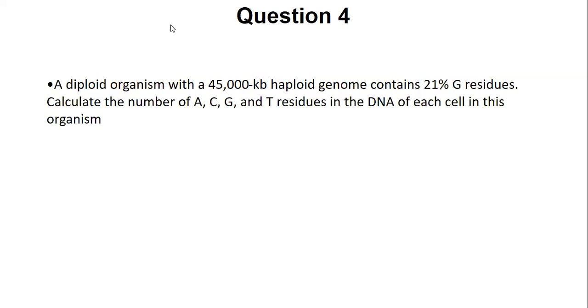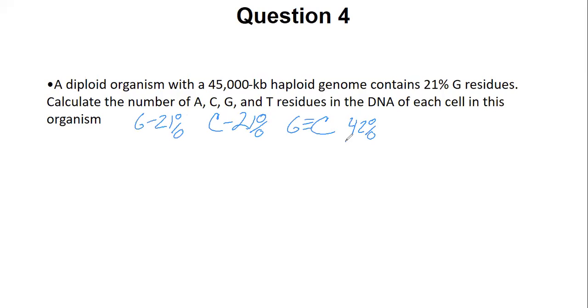All right, so while you're working on that, I'm just going to write down some basic information that we can draw from this problem. So let's just start with the percentages of A, C, G, and T. G, we're given 21%. From Chargaff, we know that the amount of G has to equal the amount of C. So the C in the organism has to also be 21% because G base pairs with C. So overall, that makes up 42% of our genome.